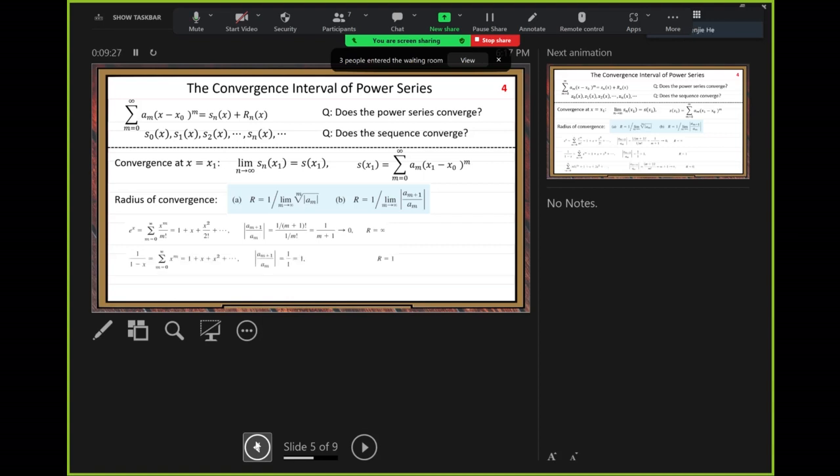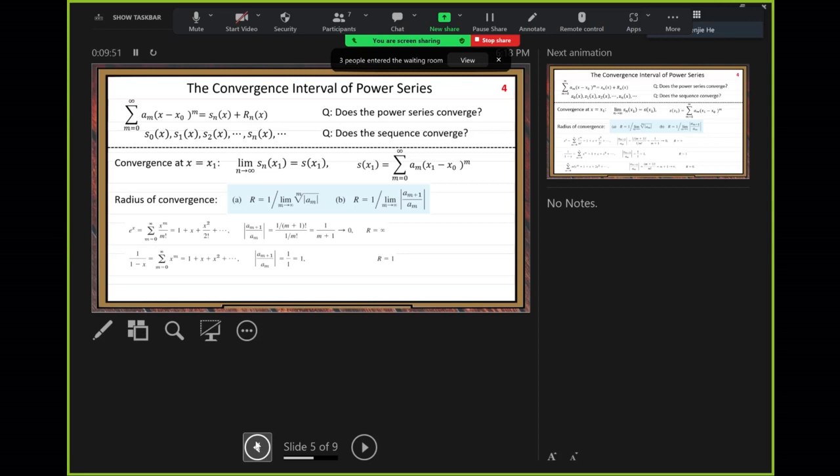Okay. All right, look at the second one, 1 over 1 minus x. Remember the geometric series. In the geometric series, all coefficients of the power terms are 1. So then by the b version, radius r equals 1.